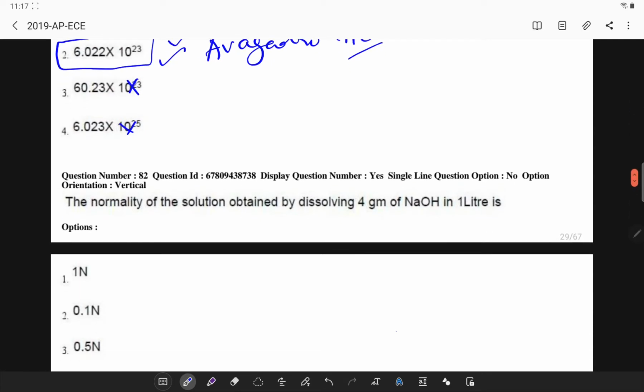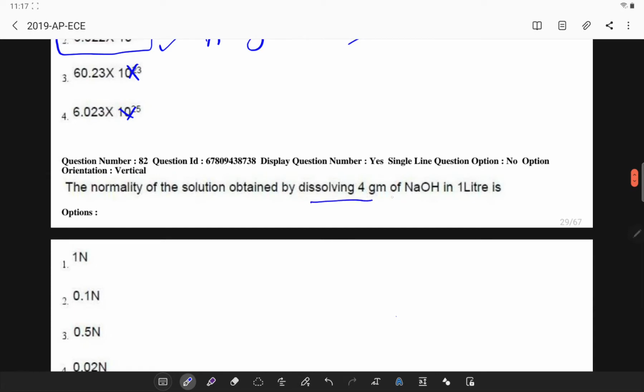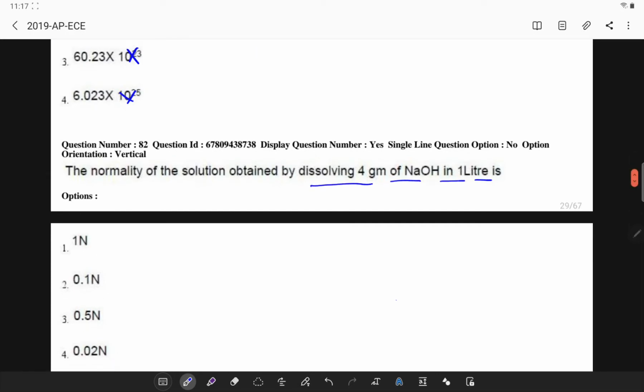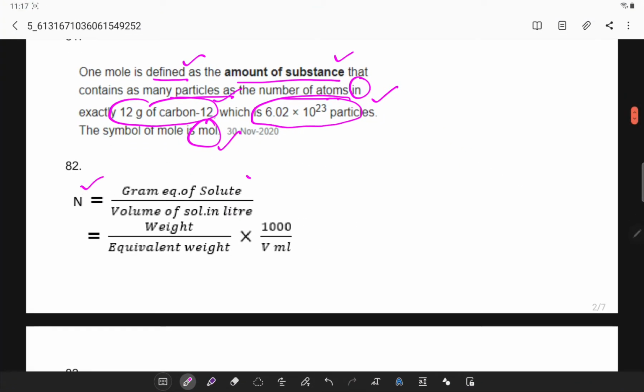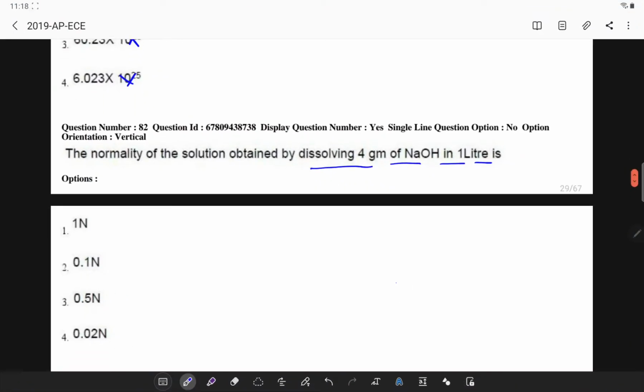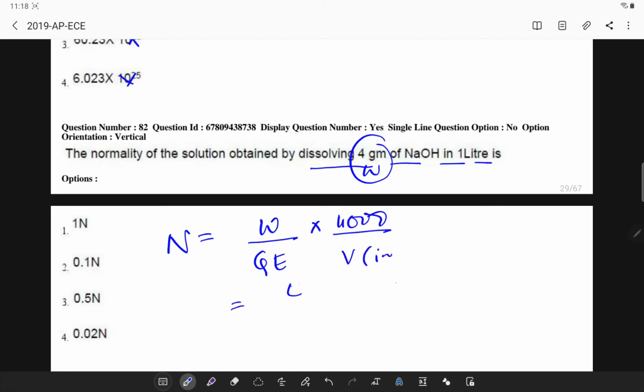Now the normality of a solution obtained by dissolving 4 grams of NaOH in 1 liter. So we have this formula: N is the gram equivalent of solute divided by volume in liters, or W into 1000 by V in ml. It is given, weight is 4 grams. So it is 4 divided by 40.